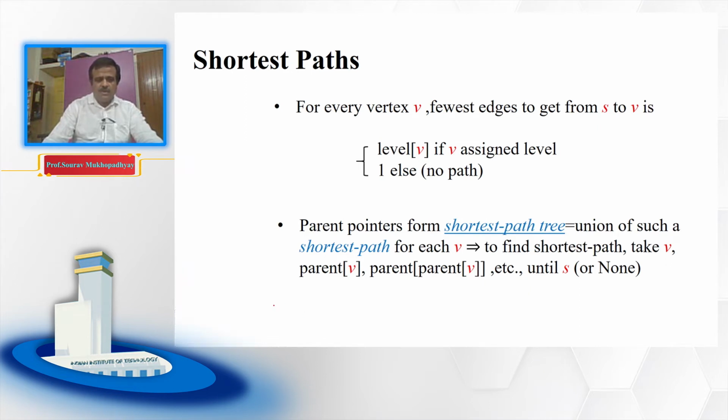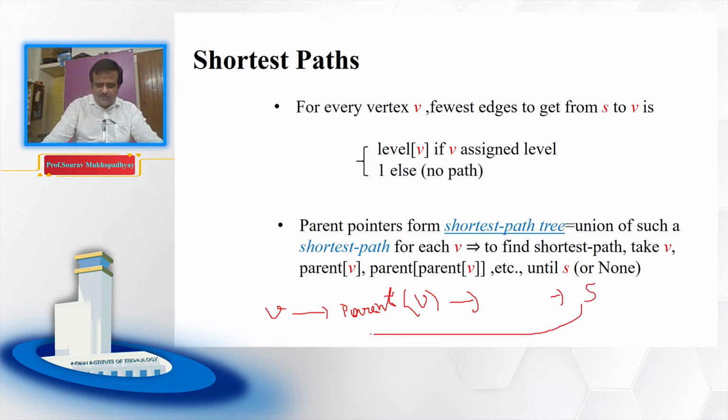We go to the parent of V, then the parent of that, and it will reach S, and if we follow this path, this will give us a shortest path, the other way around. Okay, so this is one application of this.